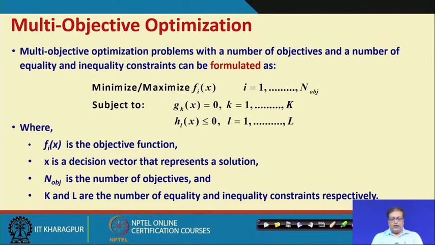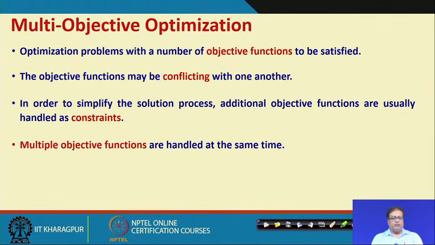So, in the most general form, this could be a set of objective functions which could be minimized or maximized, and there are both equality and less-than-or-equal-to-zero constraints. That is the general form of a multi-objective optimization problem.